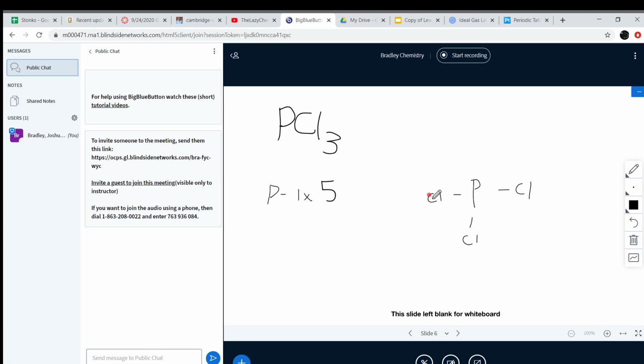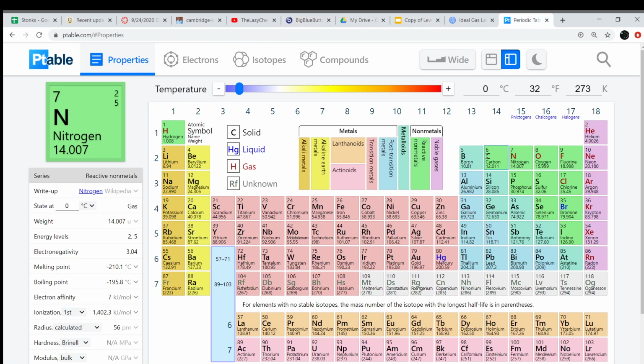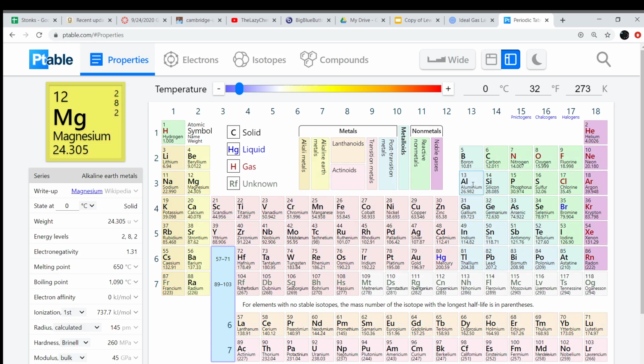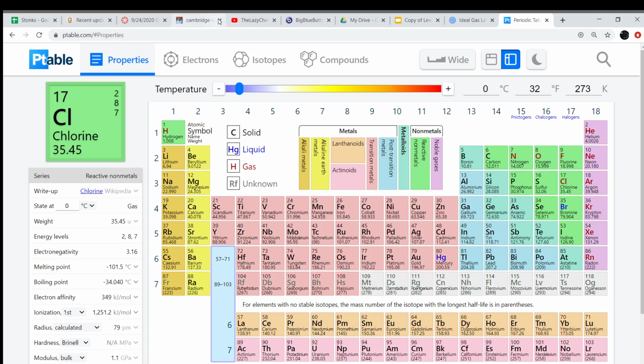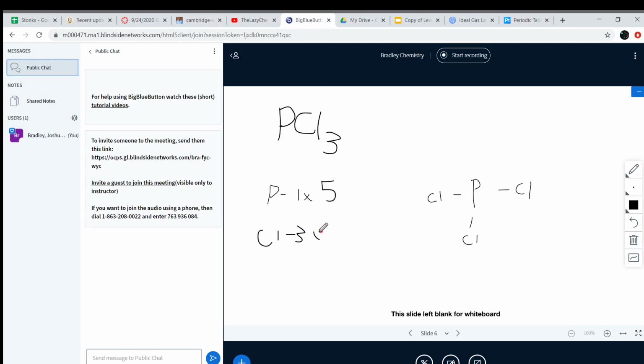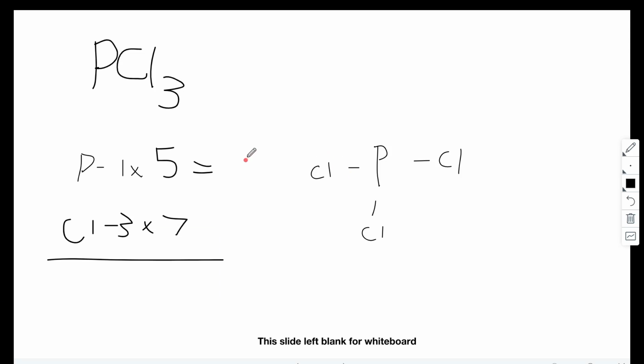Chlorine, we have 3, and chlorine has a total of 1, 2, 3, 4, 5, 6, 7, so 7 electrons. 1 times 5 is fairly easy, 5. 3 times 7 equals 21. We add them together, and we're going to have 26 electrons total in this molecule.